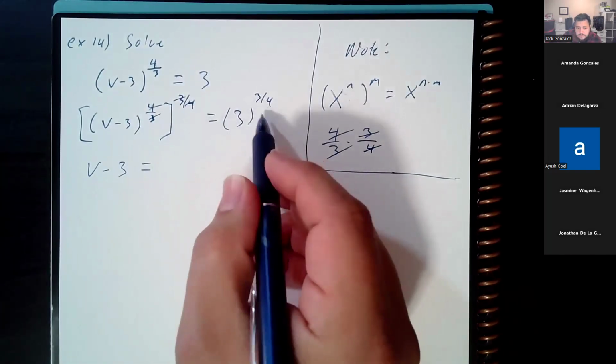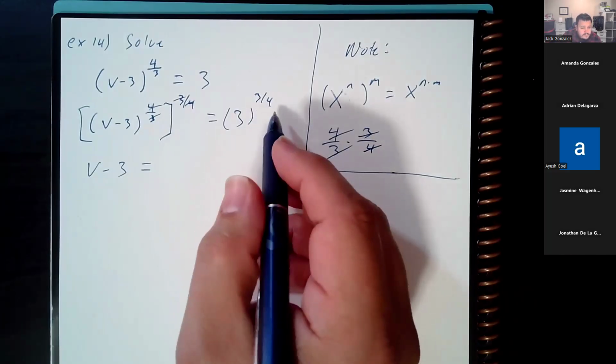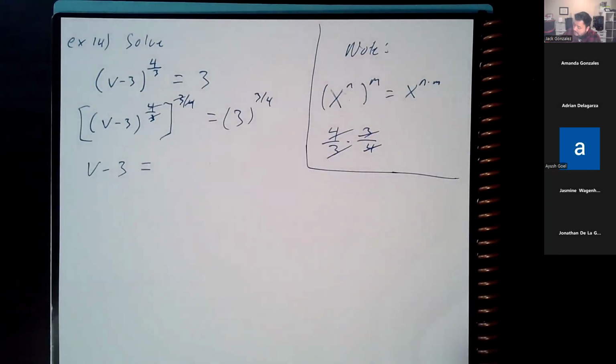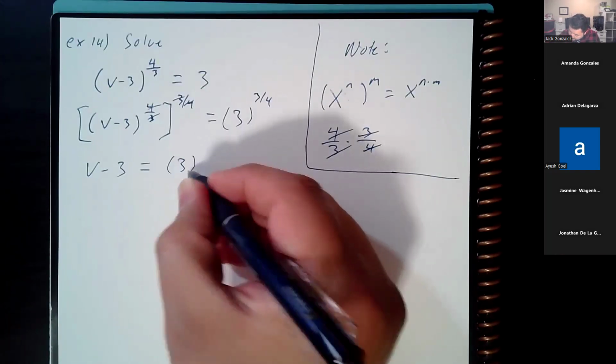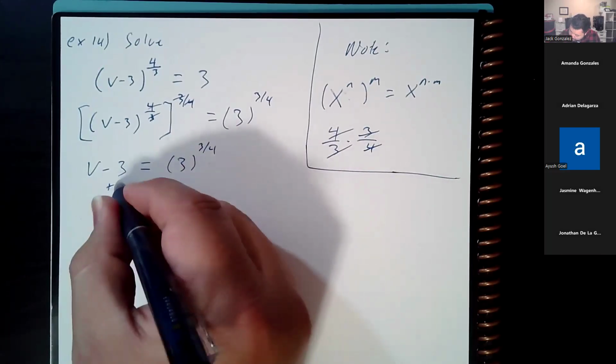These are going to deal with this. So 3 to the 3/4, it doesn't simplify. It's a calculator question, whatever that is. My calculator's dead, so you would solve for V by adding 3.